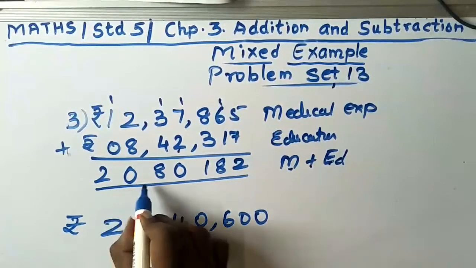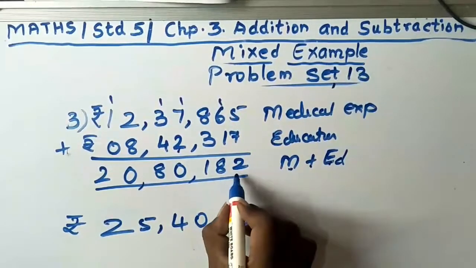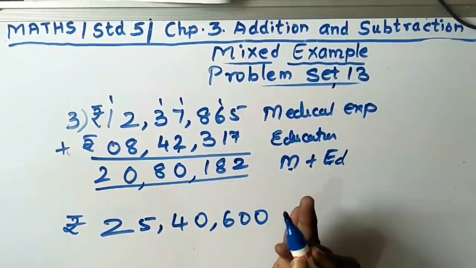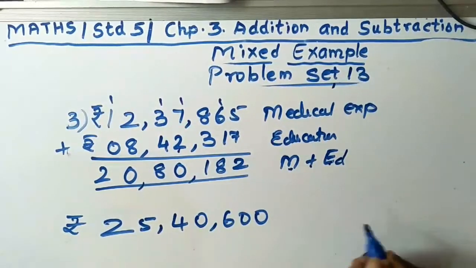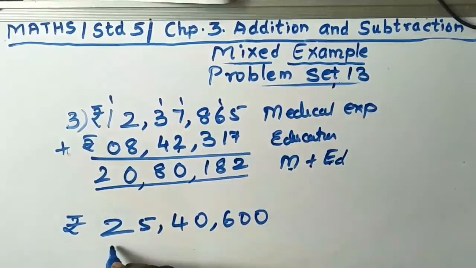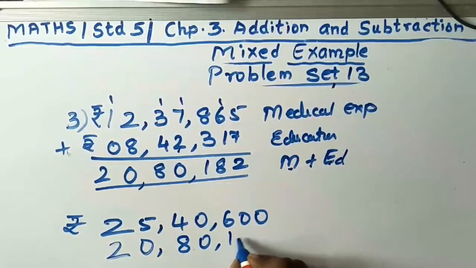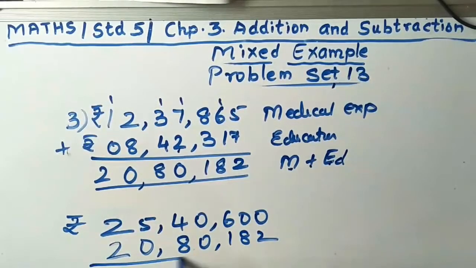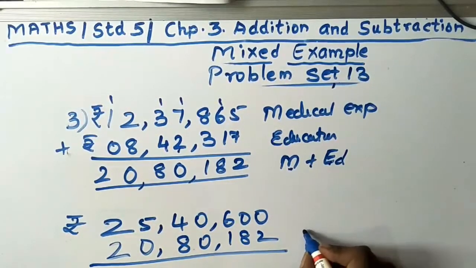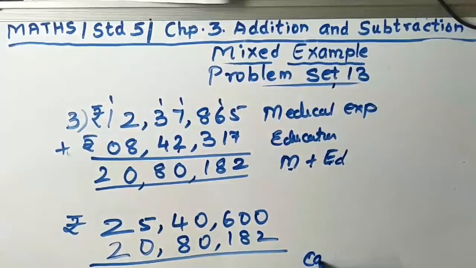This is the total amount, 20 lakh 80,182. So what is the remaining amount which they put for the canteen? For this you have to subtract it. So 20, I'll write this number, 80,182. This is for the canteen amount.